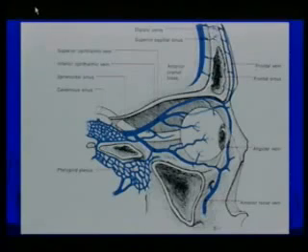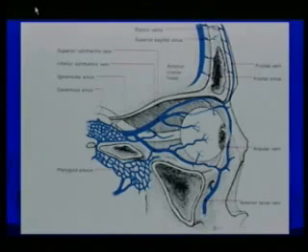Right, and this is why, because the veins in this area of the face, the so-called dangerous area, communicate back there, and this is a cavernous sinus, this lacy complex of veins. And notice how this is right around the sphenoid sinus. So the sphenoid sinus is uncommonly involved, but can be, as we'll see in a minute, very, very dangerous.